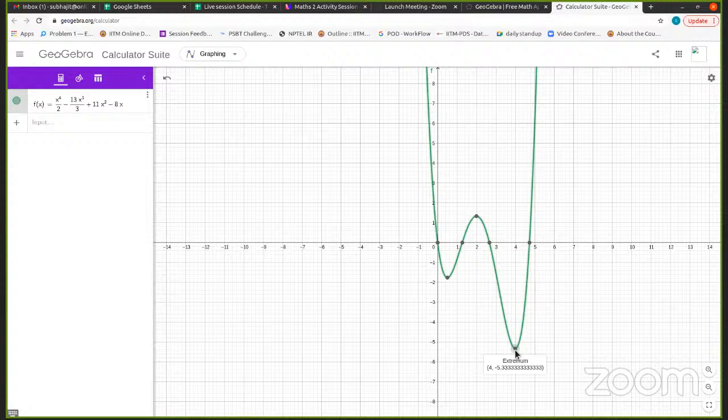What I was saying is, if we consider the domain to be -1 to 5 for this function, I am restricting the domain and trying to calculate the global maxima in this interval. I have calculated that 2 is a maxima. Now I have to check the boundary points, that is -1 and 5.